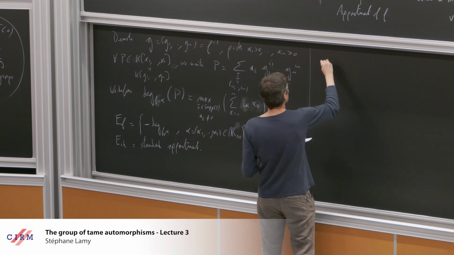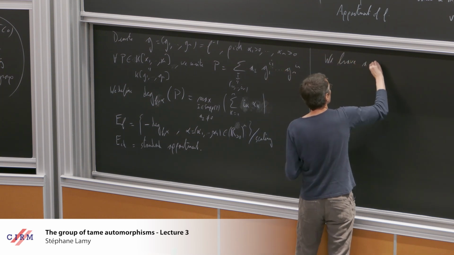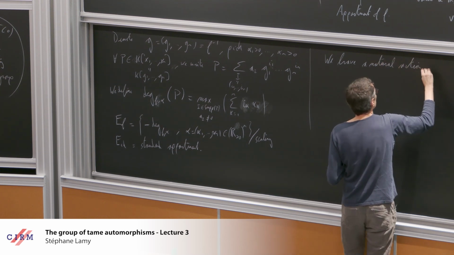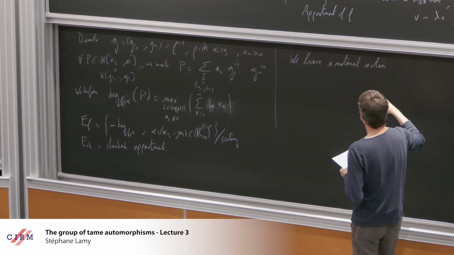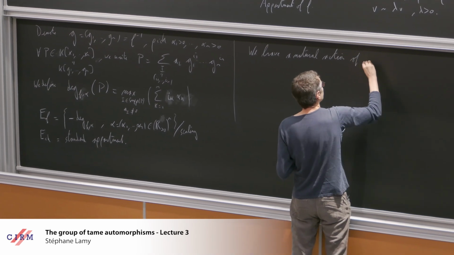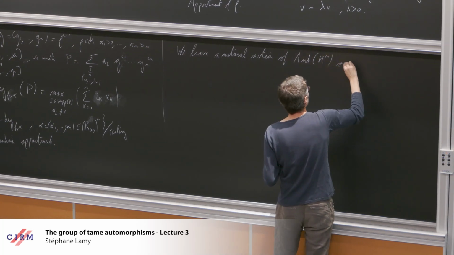So you have an action. We have a natural action of, in fact, a full group of automorphisms on valuations. Here I can even put Aut(k^n) on valuations.